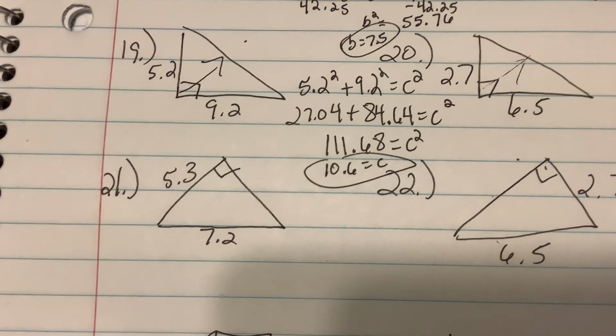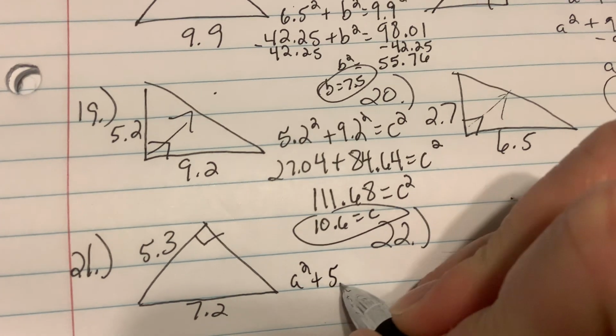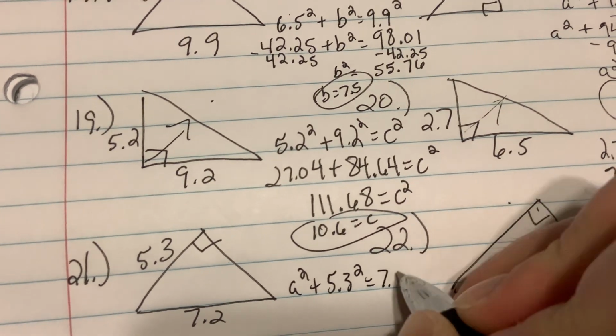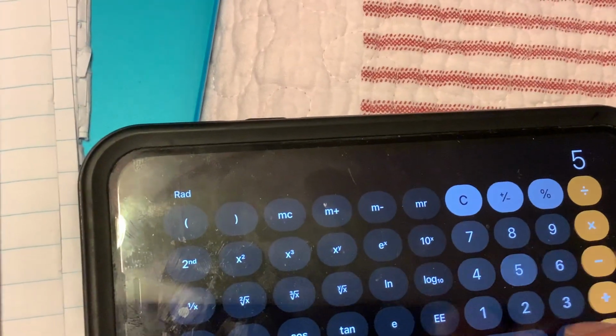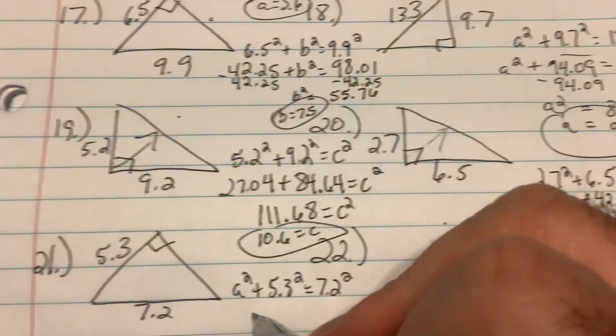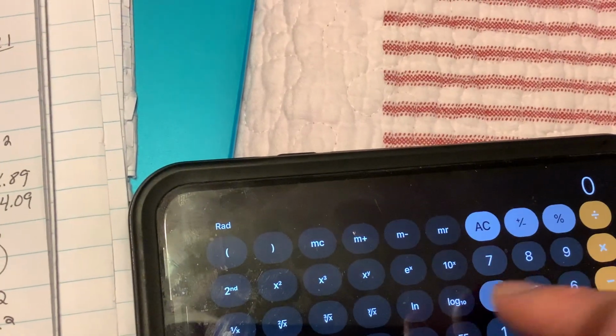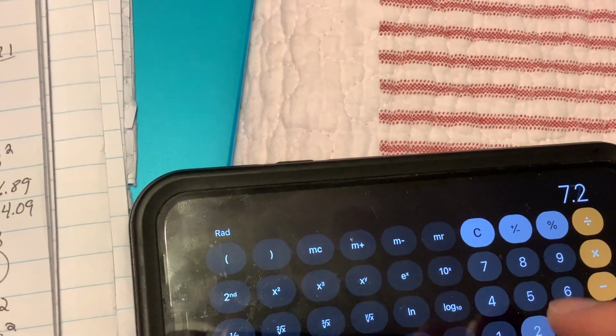Last two is we're missing legs again. So let's make this one a squared plus 5.3 squared equals 7.2 squared. 5.3 squared is 28.09 and 7.2 squared is 51.84.